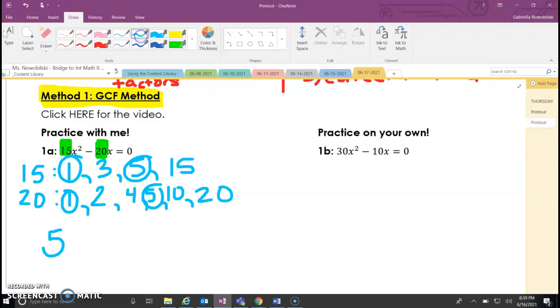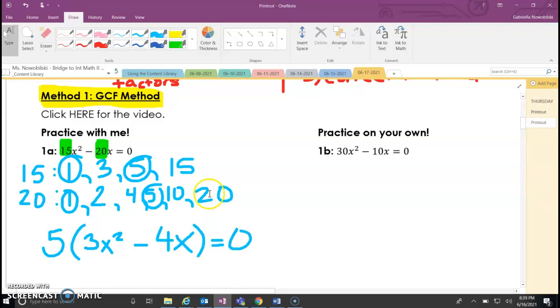You're going to be left with a 3 on the inside, because if I went back and multiplied 5 times 3, you get back to 15. We're just going to leave the x squared for now. And we'll do the same thing. If I take a 5 out of the number 20, to get back to 20, I need to do 5 times 4, which gets you back to 20. So I have a 4 here.